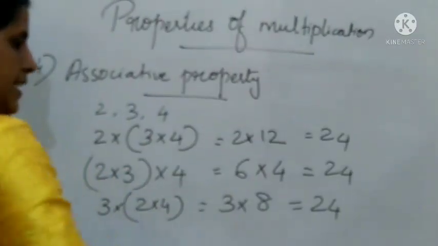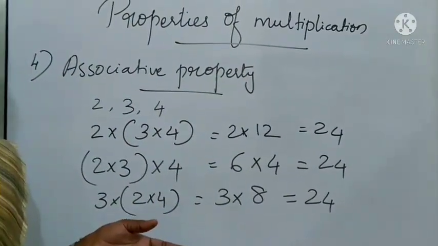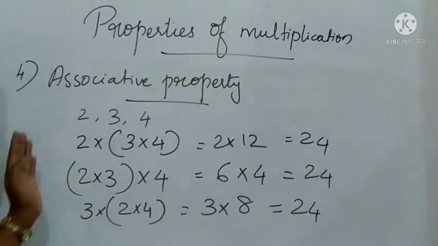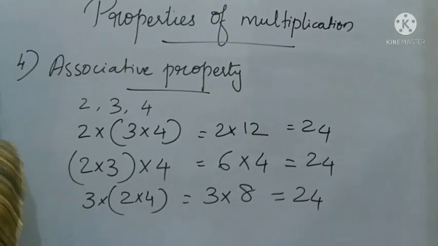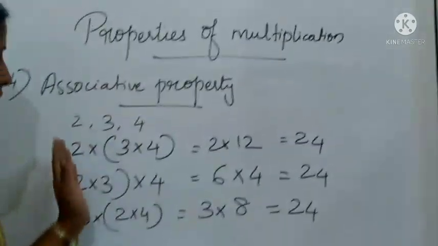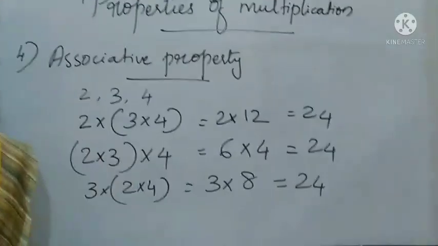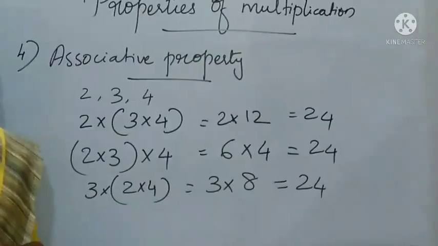So in these 3 cases, the product becomes 24. Even if we change the grouping of the numbers, there is no change in the product. In all 3 cases, we get the same product. That is the specialty of multiplication.